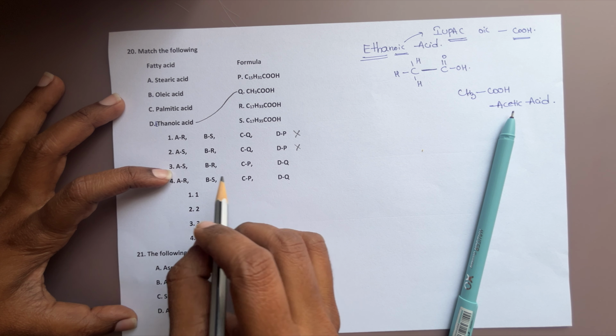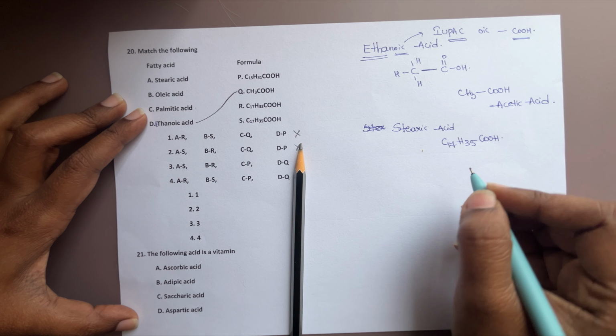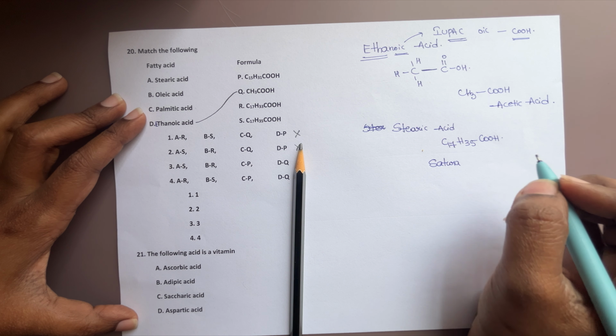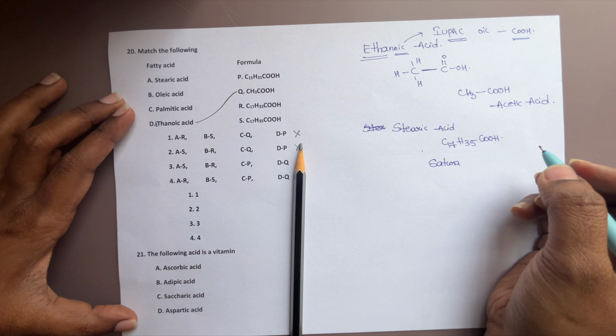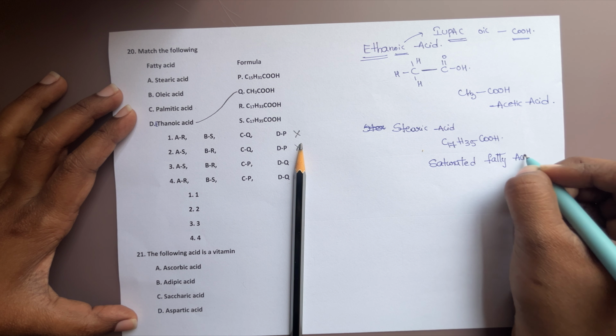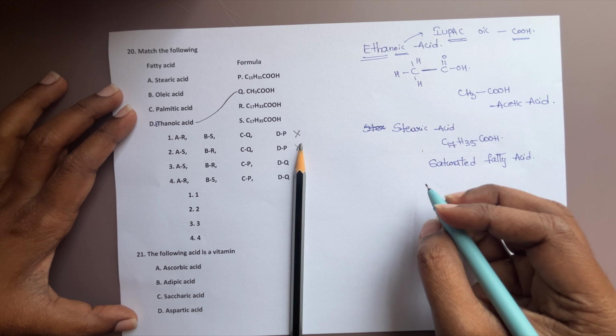See here, stearic acid is C17H35COOH, which is a saturated fatty acid. In the next exam, you may expect this question: which of the following is a saturated fatty acid? Stearic acid is a saturated fatty acid.